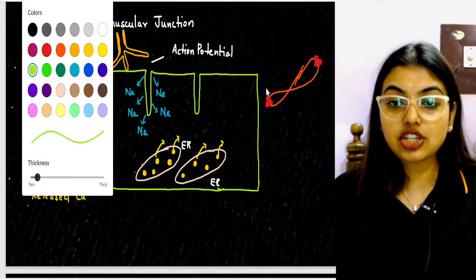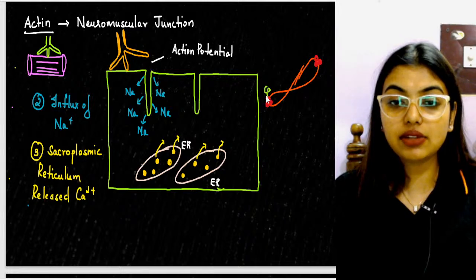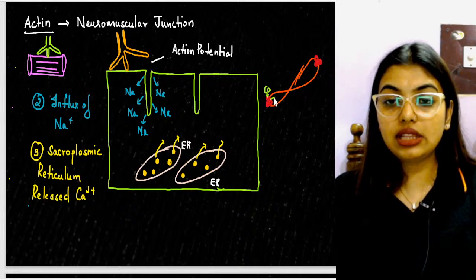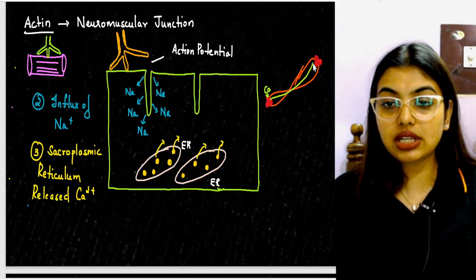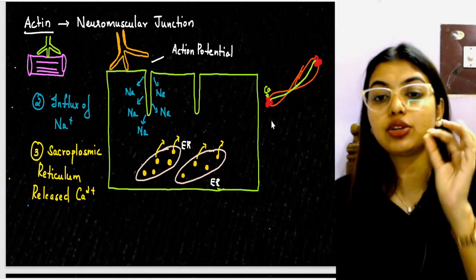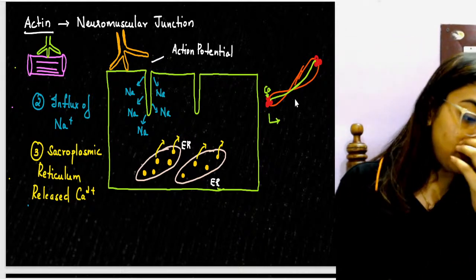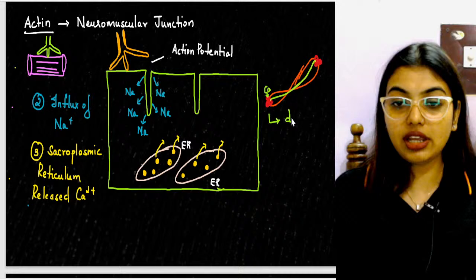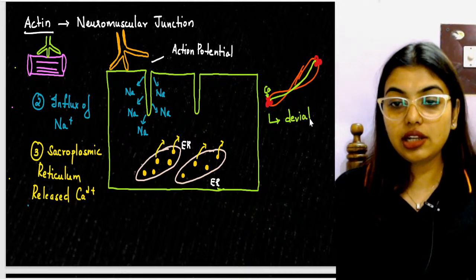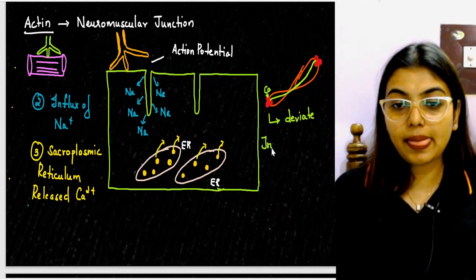So this calcium will come and bind with this TPC site. With this binding, the troponin and tropomyosin are going to get deviated.